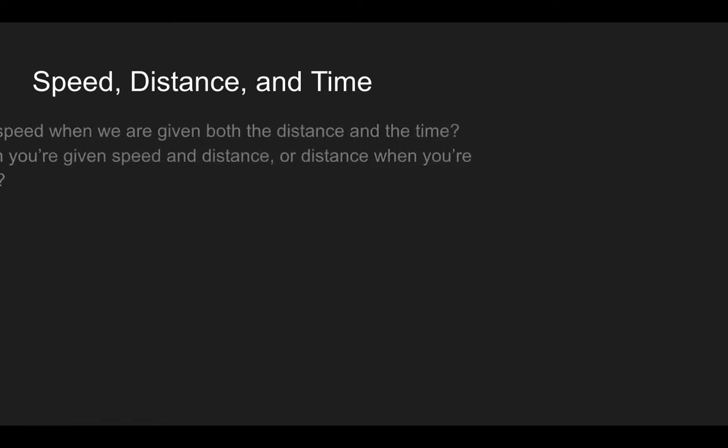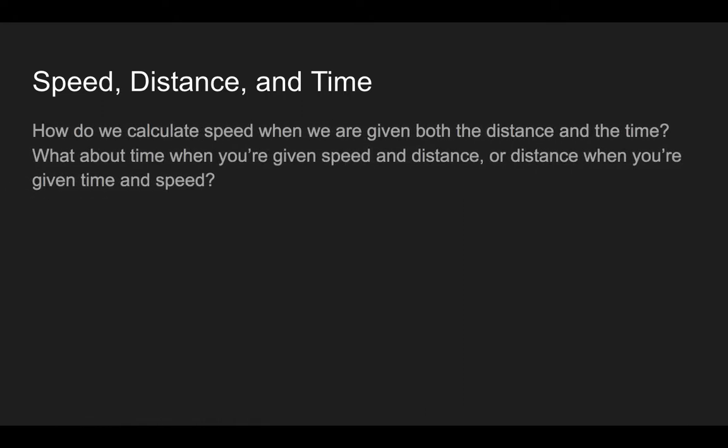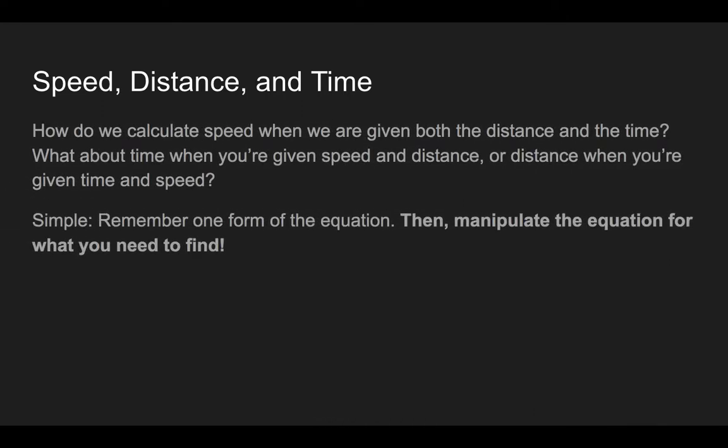So first we learn what speed, distance, and time are and how to use them in an equation. How do we calculate speed when we are given both the distance and time? How do we calculate time when you're given speed and distance, or distance when you're given time and speed? It's pretty simple. You have to remember one form of the equation.